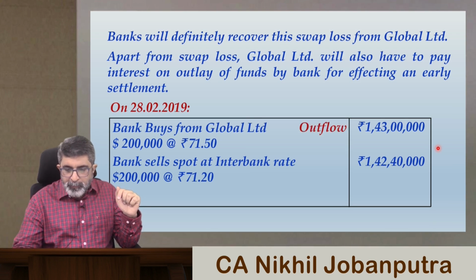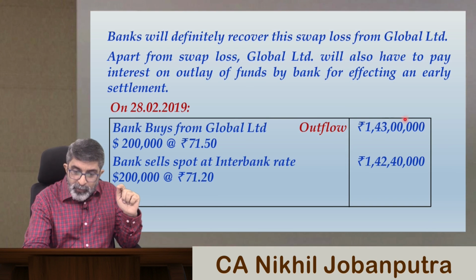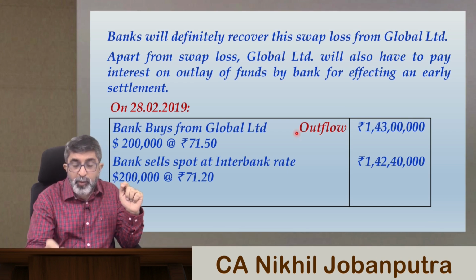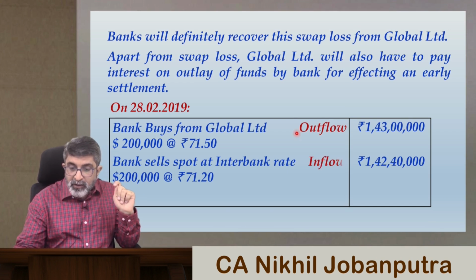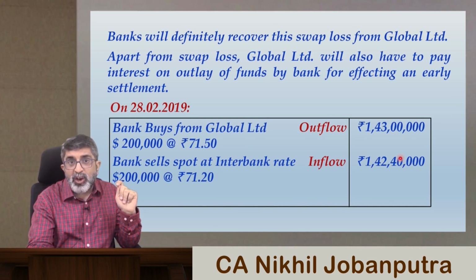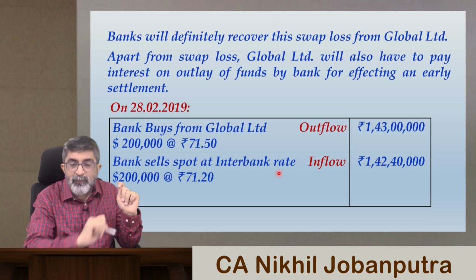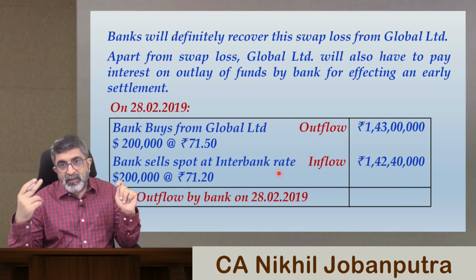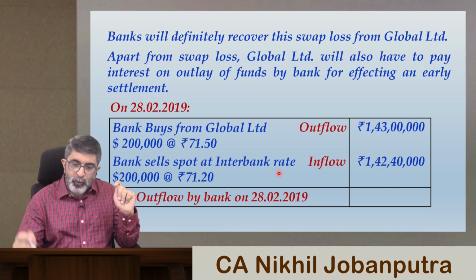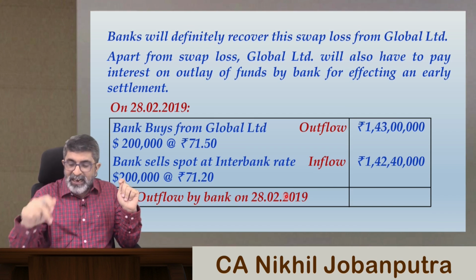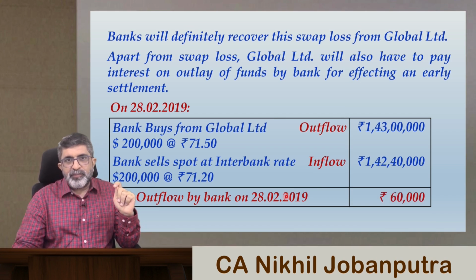So do you know, the amount which we have considered over here, 1 crore 43 lakhs, is the inflow to Global Limited. So from the bank's viewpoint, it is an outflow, and whatever the bank is getting by selling $2 lakh in the forex market will be the inflow for the bank. Now the difference between those two, because outflow is bigger and inflow is smaller, for the bank the net outflow is 60,000.